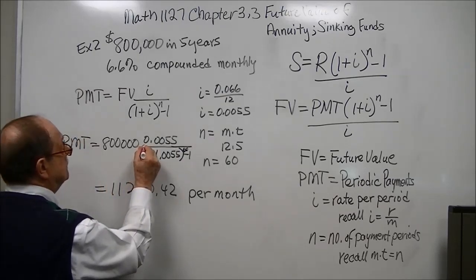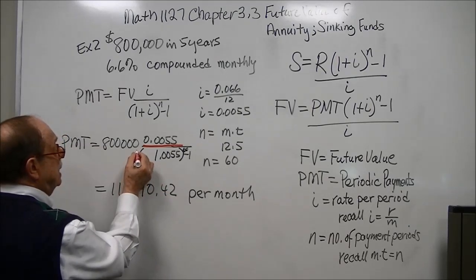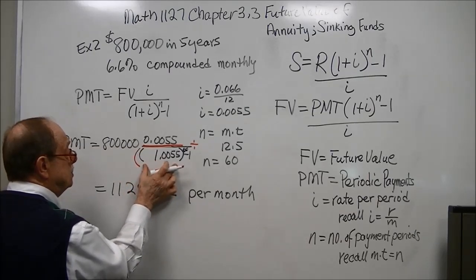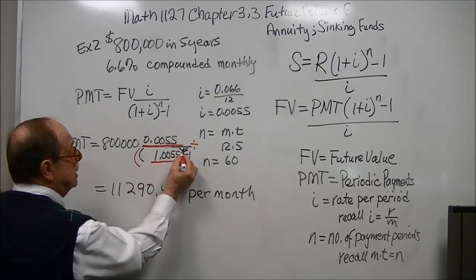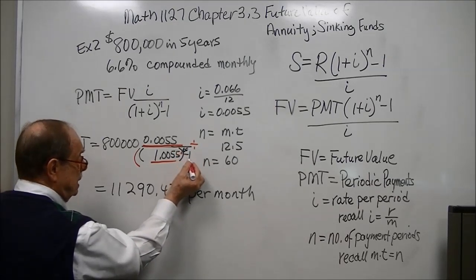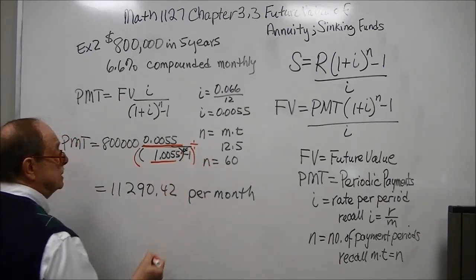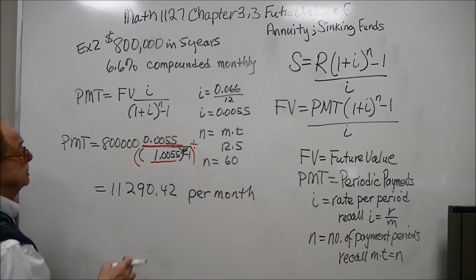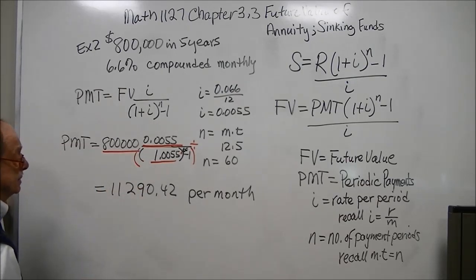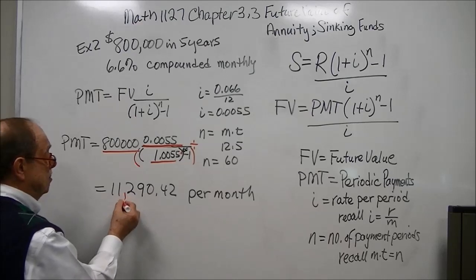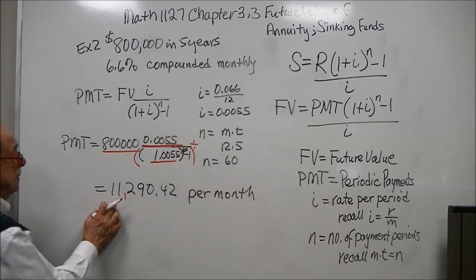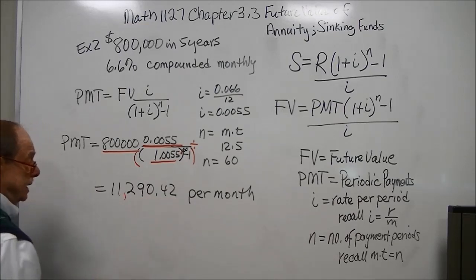I would suggest you put this first, then a divided by, a parenthesis, then an inner parenthesis here, put this, caret 60, and of course your parenthesis around that, and then minus 1, parenthesis, hit enter, keep that in your calculator, multiply it now by 800,000, and your monthly investment over the 5 years, you would have to put $11,290.42.